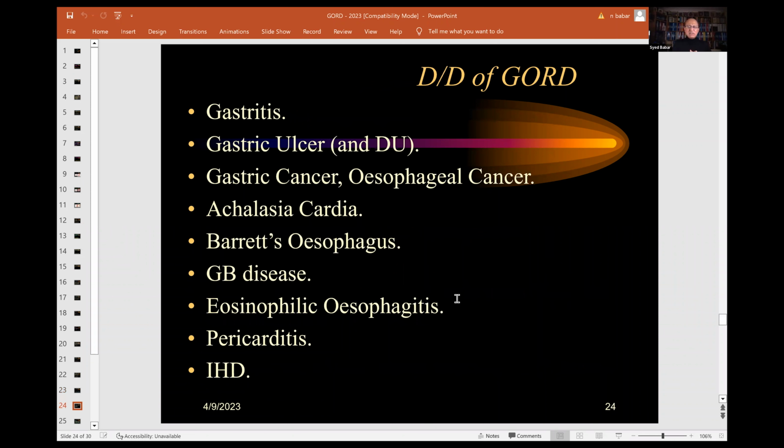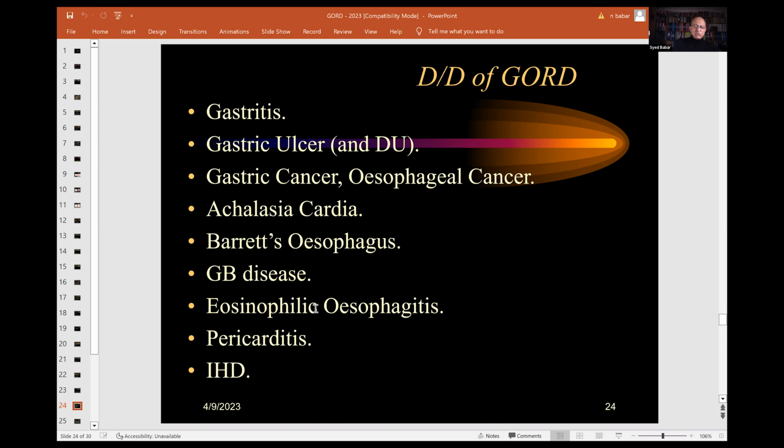So when someone suspects such a problem, what would be the differential diagnosis? Gastritis from any cause, peptic ulcer, gastric cancer, esophageal cancer, unremitting, unrelaxing spasm of the cardia, Barrett's esophagitis, histologically bad esophagitis with erosion, acute cholecystitis, and then autoimmune or eosinophilic esophagitis associated with other lesions.